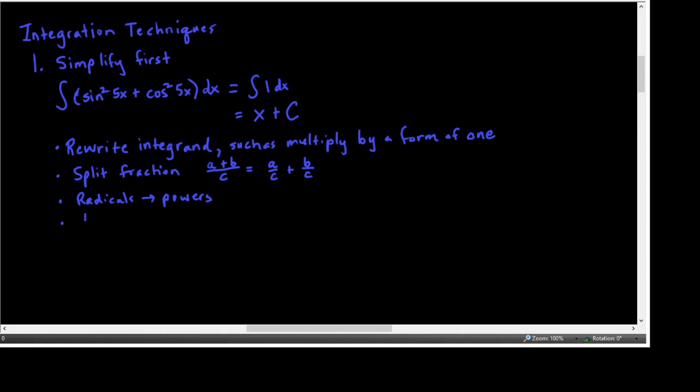Or having a monomial power of x in the denominator like this, that you'd want to rewrite as a power of x. So this one, for example, would be x to the -2. Or you might add a form of 0. And we'll see an example of this so that you understand what I mean by a form of 0.